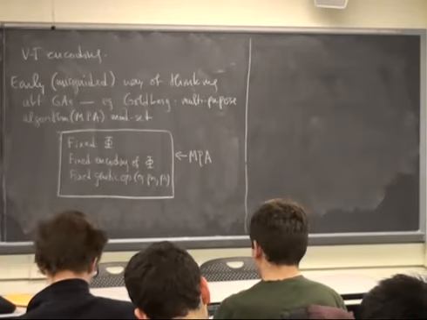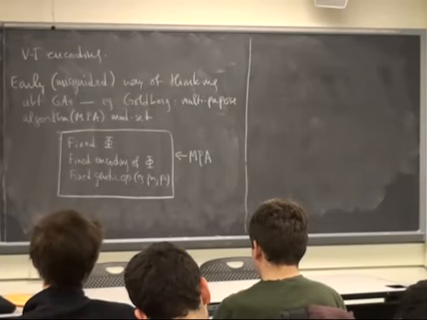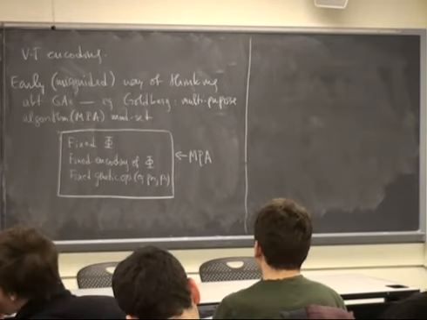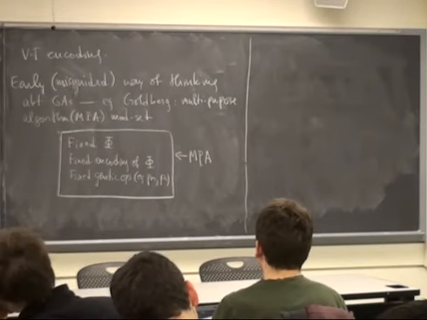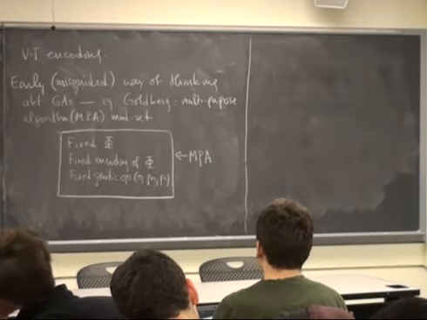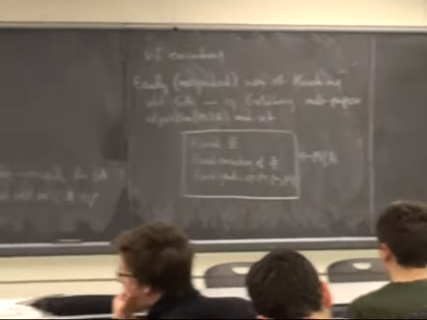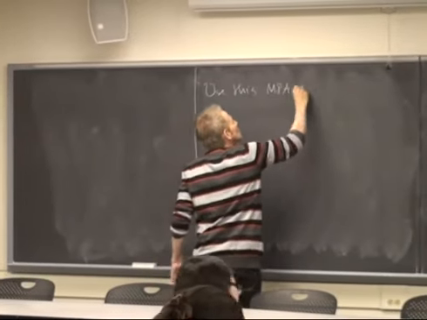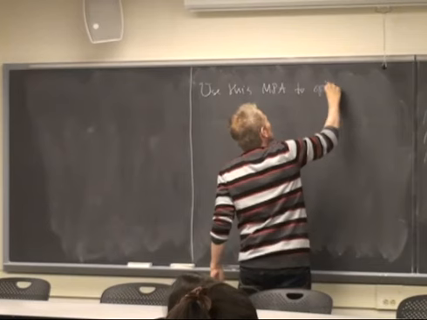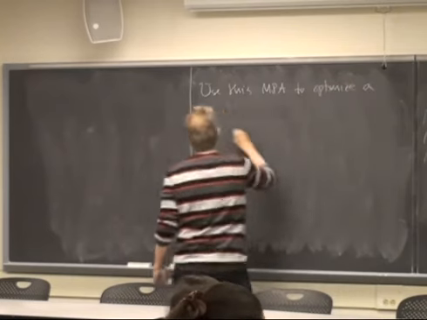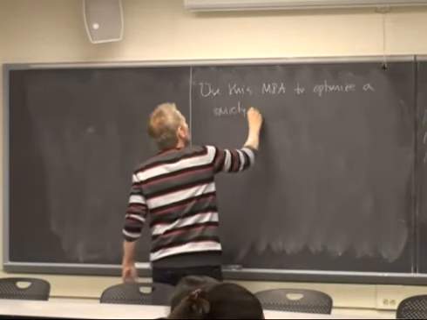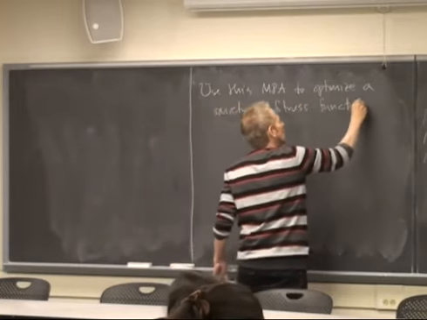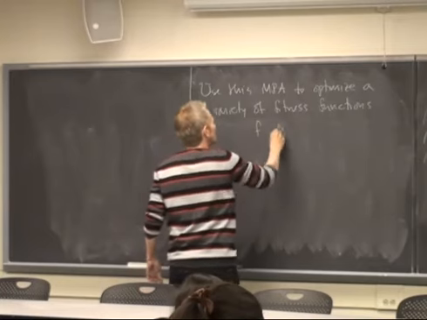Someone is going to sell you this box and say, here's a way to solve all kinds of optimization problems in phi. So use this multi-purpose algorithm to optimize a variety of fitness functions f from phi into the reals.